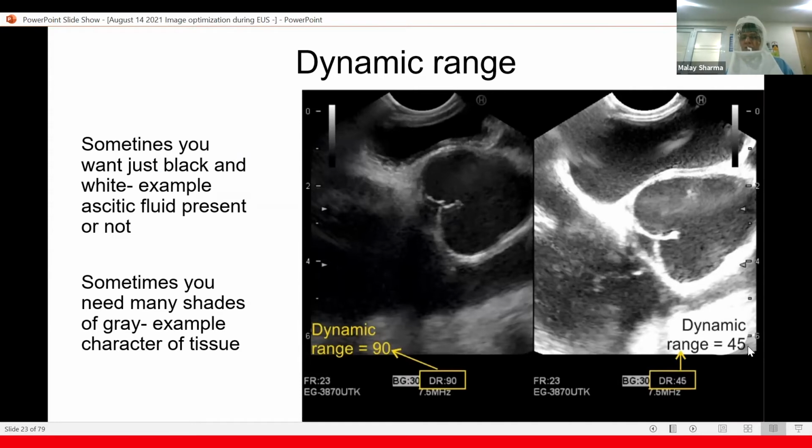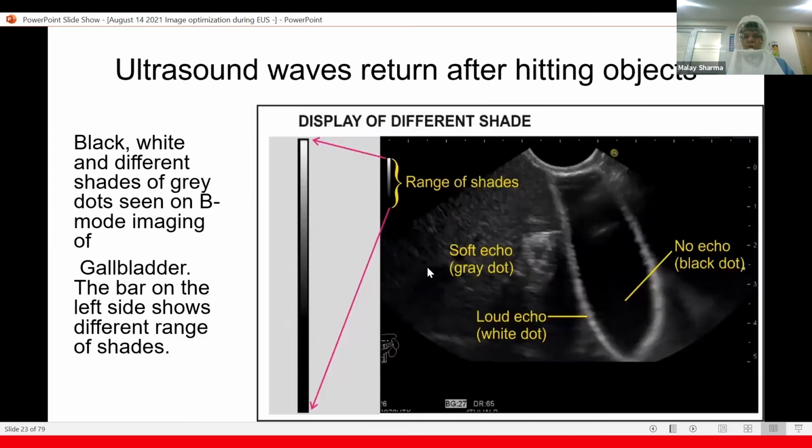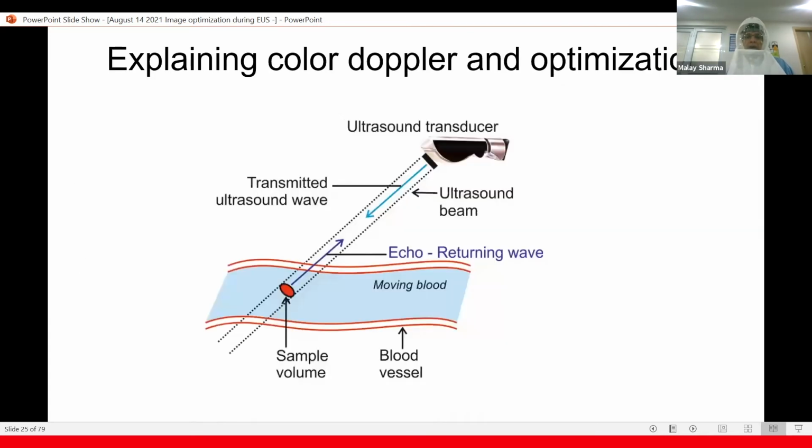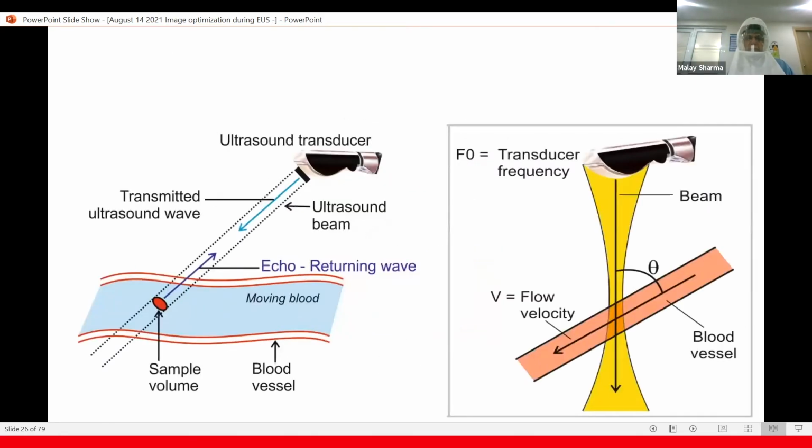Here this is 45, and this is 90. This is black and white, and here you see more characters. So ultrasound waves form dots. These are the dots that we see.